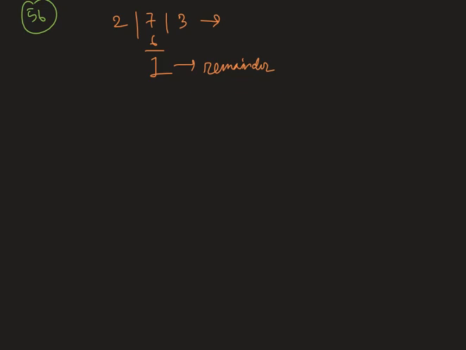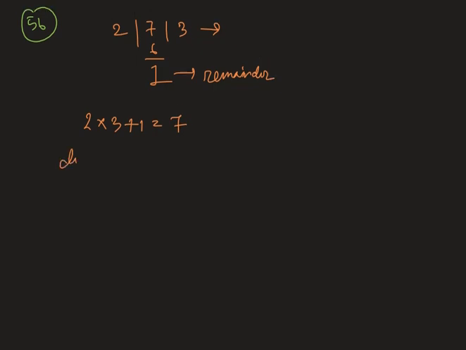Now we can use this formula that 2 into 3 plus 1 is equal to 7. That means divisor into answer plus remainder is the required number.